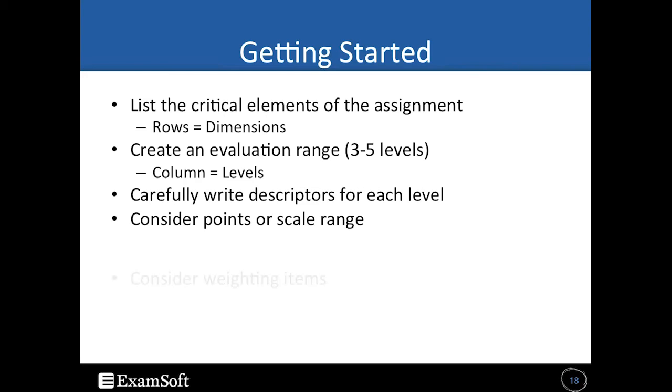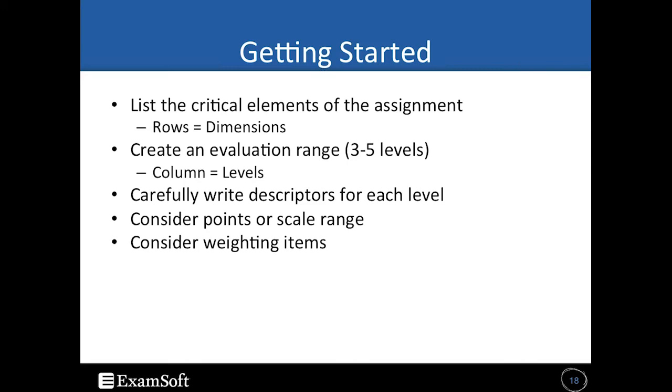But if you wanted to give your grader a little bit more leeway within each one of those levels, you could say, okay, for the exceeds expectation, you can assign anywhere between 7 and 10 points, because there might be some variation of answer choices within that. And then you let the grader actually decide which part of that range that they would like to go toward. We'll look at that within the portal as well.